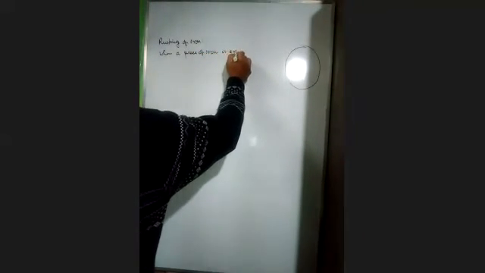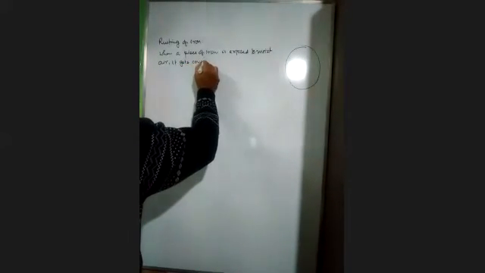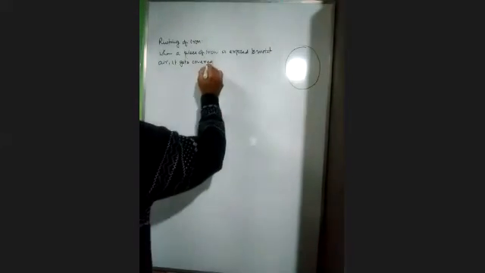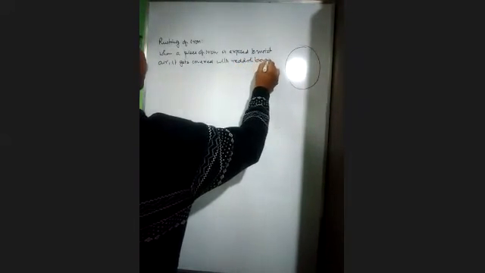When a piece of iron is exposed to moist air, it gets covered with a reddish brown coating.